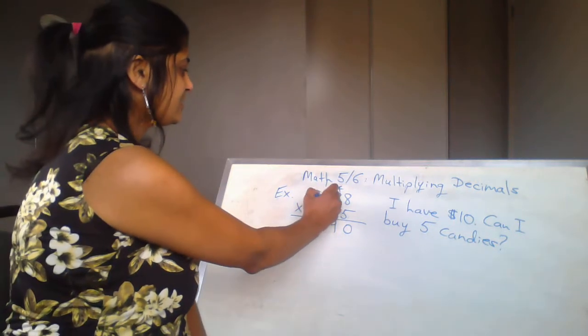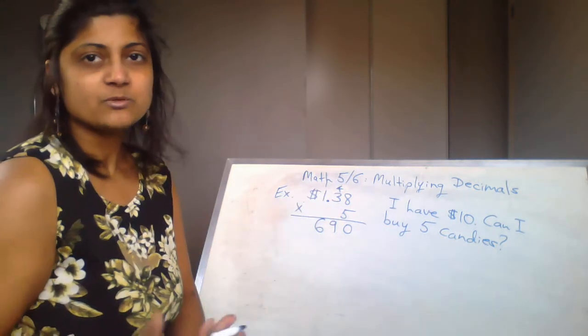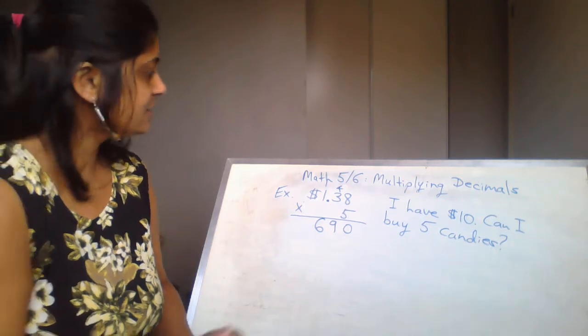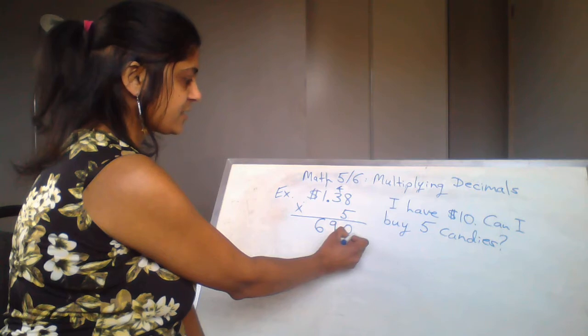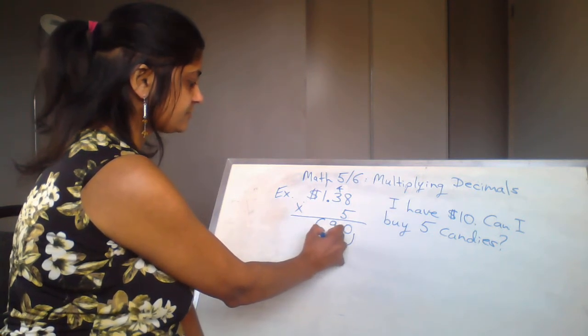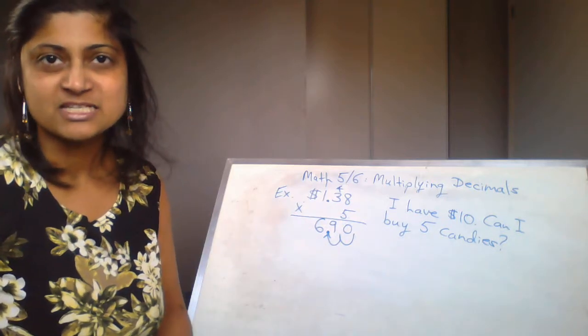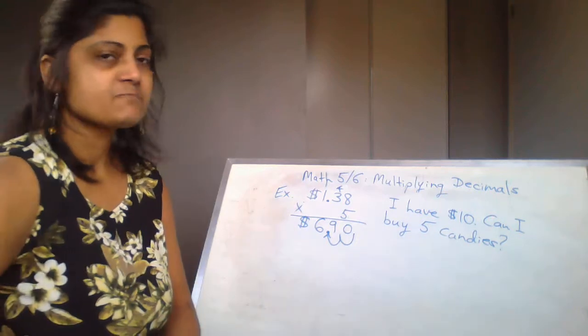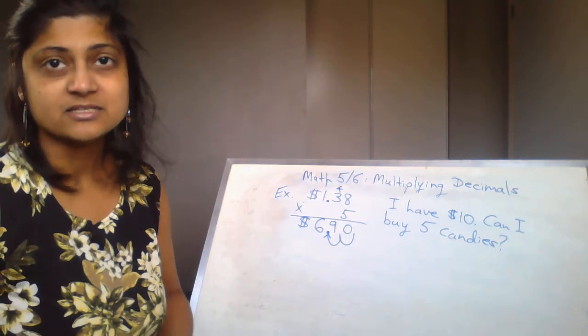Good. In this case, when you deal with money, you'll always have 2 numbers after the decimal place. So the same thing here, the decimal place is right here after the 0. We're going to move it 2 times to the left. And then I'm going to put my decimal place right there. So I have $6, or it costs $6.90 altogether.